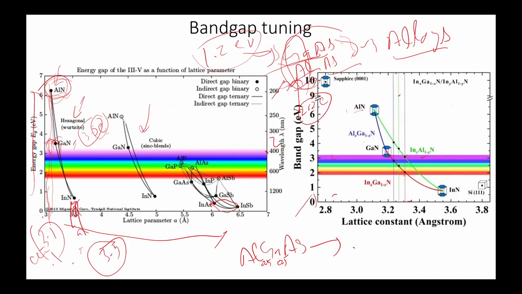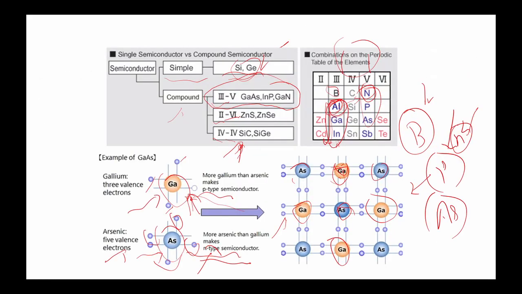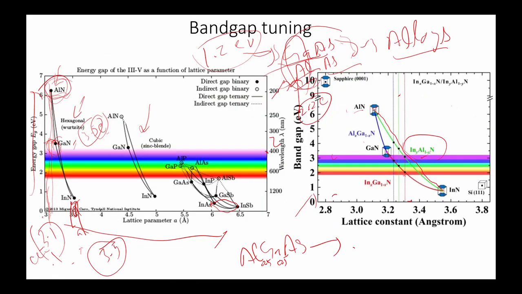So what is the bowing parameter? When it is aluminum nitride and indium nitride, and in between there is indium aluminum nitride, it is not a straight line for the band gap. In lattice parameters, from aluminum nitride to indium nitride there will be a kind of straight line, but there is a bowing of the curve for the band gap.